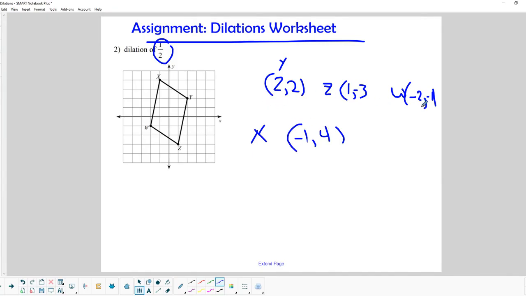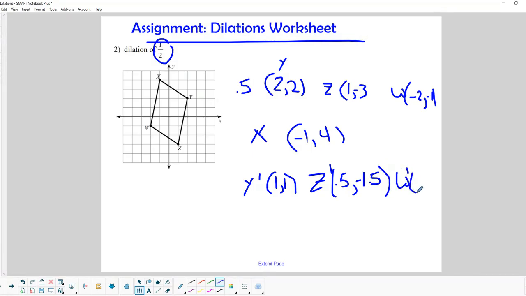All we have to do now is multiply each of those numbers by 0.5. So when we multiply by 0.5, everything basically gets divided in half. So y prime will be 1, 1. Z prime will be 0.5, negative 1.5.